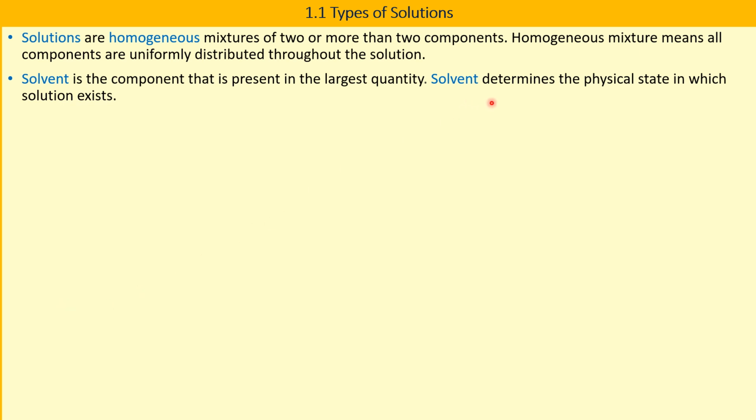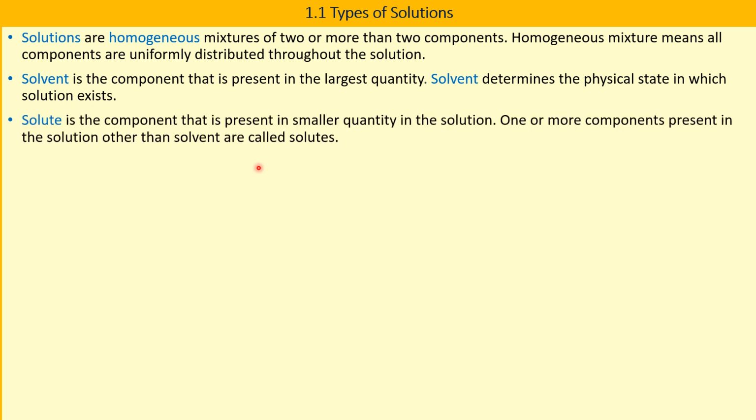Solvent determines the physical state in which solution exists. Solute is the component that is present in smaller quantities. So, largest quantity is solvent, solute is smaller quantity in the solution. One or more components present in the solution other than solvent are called solutes.